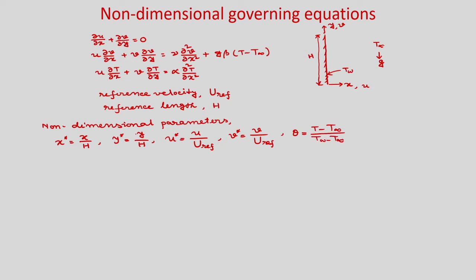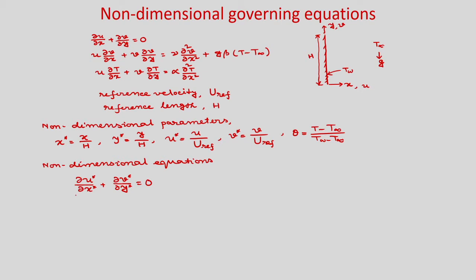So, with this, if you put it here and rearrange, you will get the non dimensional equations as del u star by del x star plus del v star by del y star is equal to 0.